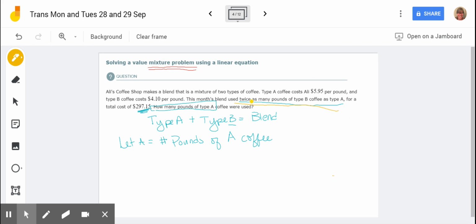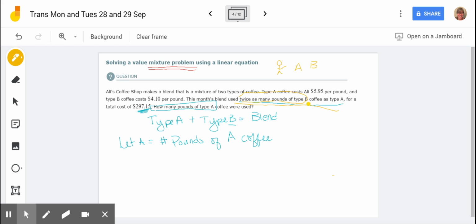So when it does stuff like that, sometimes I pretend that I'm in the store, okay? And I'm making this blend. If I use A pounds of coffee and I use twice as many pounds of B, so I'm going to mix A and B. What is B equal to?